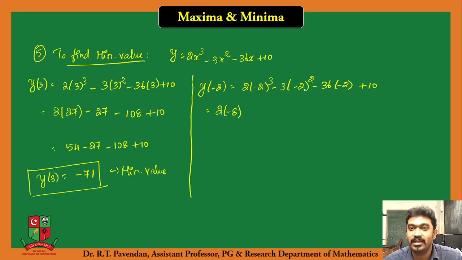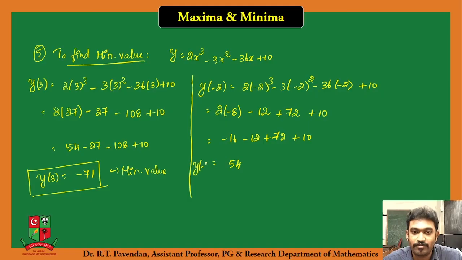So minus 3 into plus 4. So it is minus 12. We have minus 36 into minus 2, that is plus 72 plus 10. So the value is minus 16 minus 12 plus 72 plus 10. So computing these, we get the value to be 54. So y of minus 2 is equal to 54. This is the maximum value.